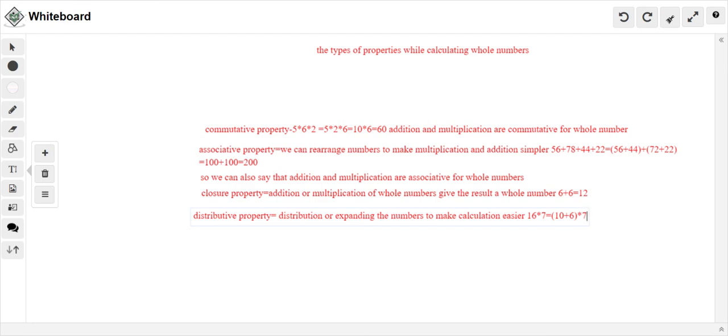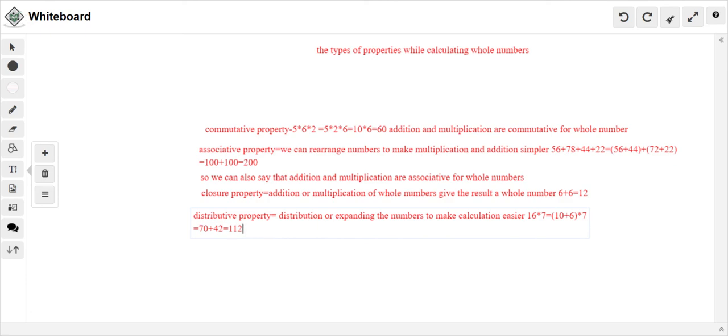Now the next thing we have to do is just multiply 7 into each of the numbers, which becomes 70 and 42. If you don't know how to calculate it, see my last video, you will see a technique. 70 plus 42 becomes easily 112.